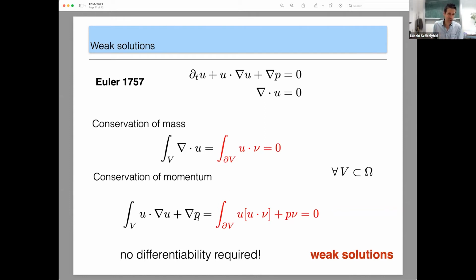And in the same way, conservation of momentum amounts to the same: the total influx and outflux of momentum through any boundary has to add up to 0.